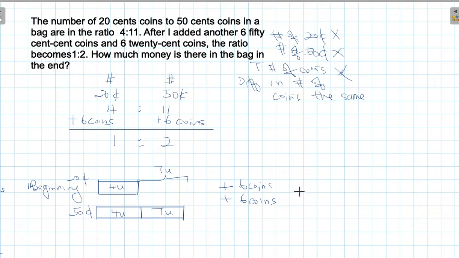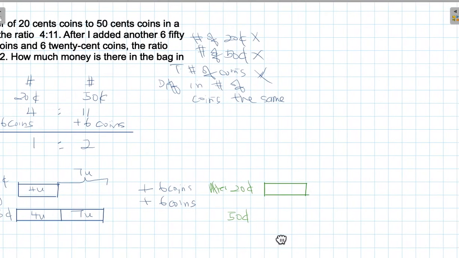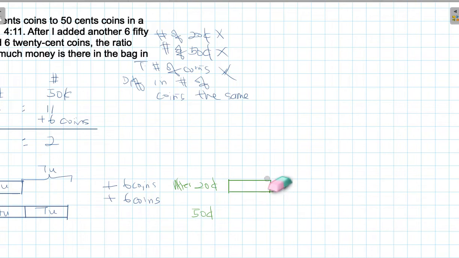If you understand, I don't need to draw, but I'm not too sure if you understand. After, my 20 cent will be this, my 50 cent will be this. Okay, maybe let's make it more obvious for you. I add in 6 coins here, and then here I also add in 6 coins.